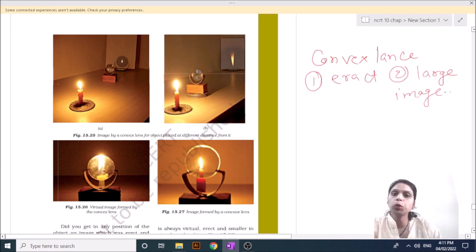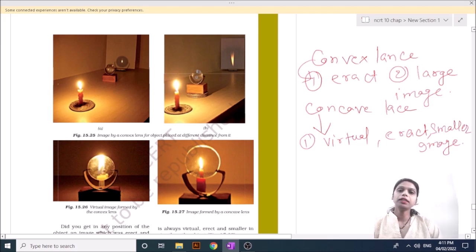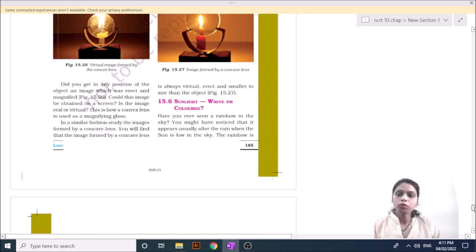That's why we use a magnifying glass, which is made of a convex lens, whereas a concave lens makes a virtual, erect and smaller image. This is the property of convex and concave lenses.